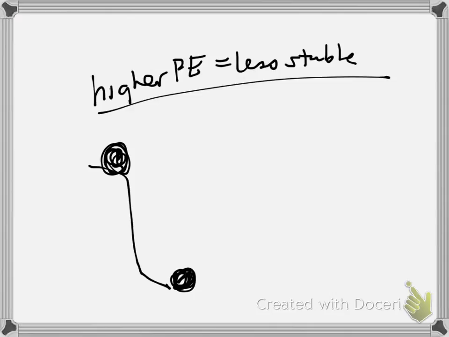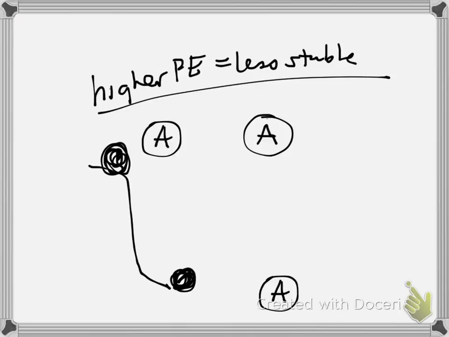When two atoms are unstable when they're by themselves, but stable when they're bonded, they will bond.